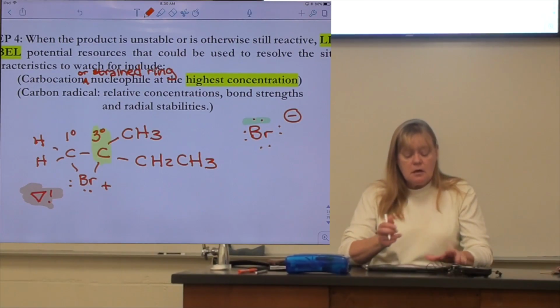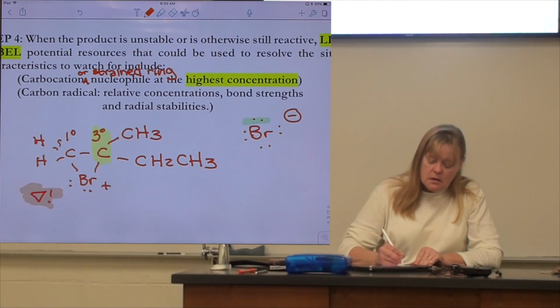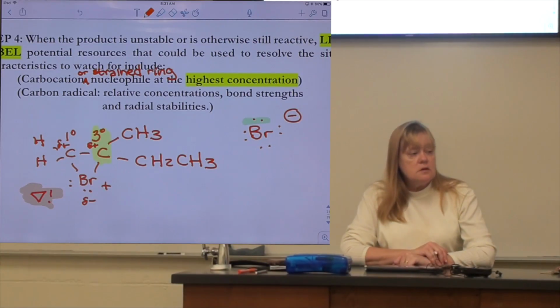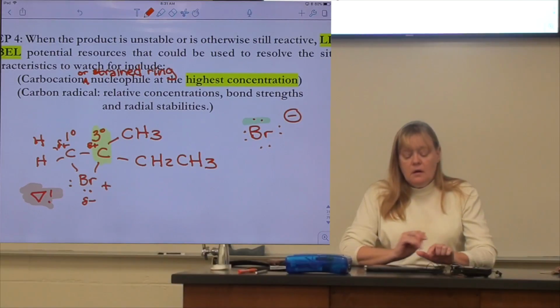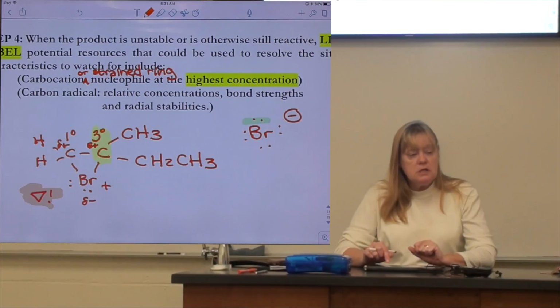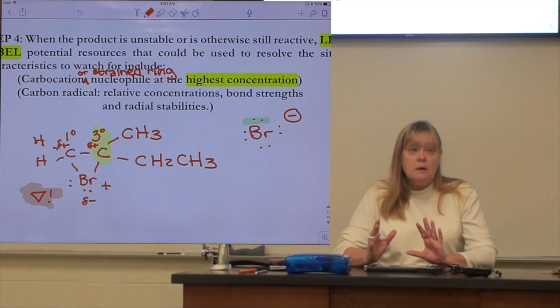The carbons on it are partially positive because, I was bad, I didn't put that in. Bromine is more electronegative, and so it's going to be pulling electrons away from the carbons. It's important to note the type of carbon each is that you could potentially react with, because just like before, you're going to follow stability of a carbocation.